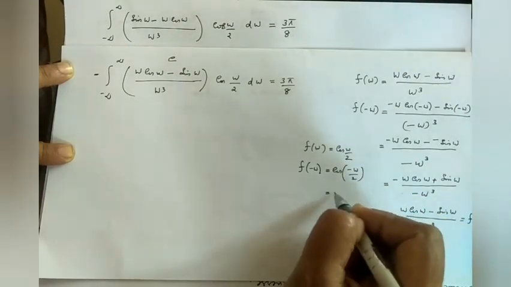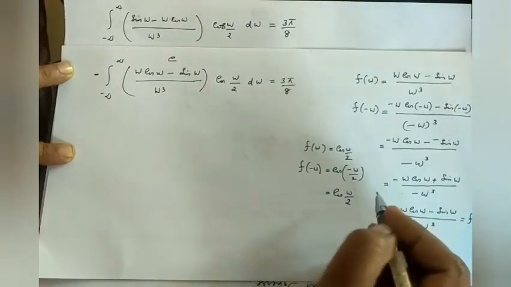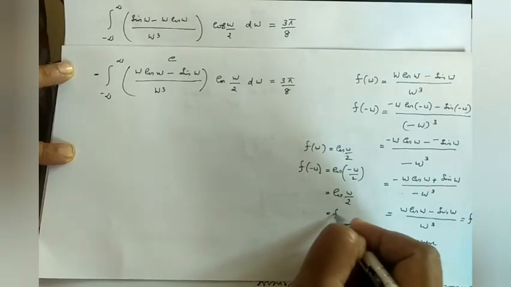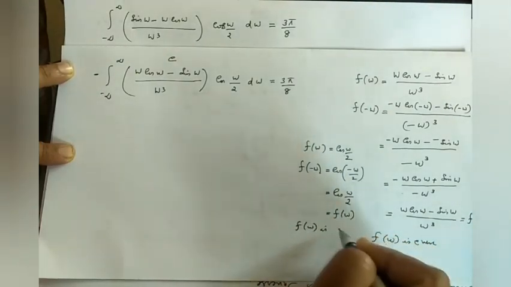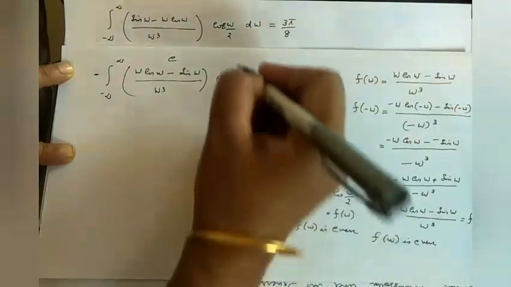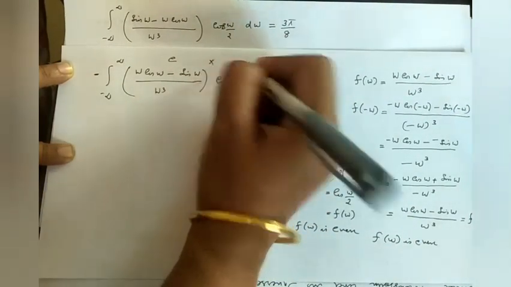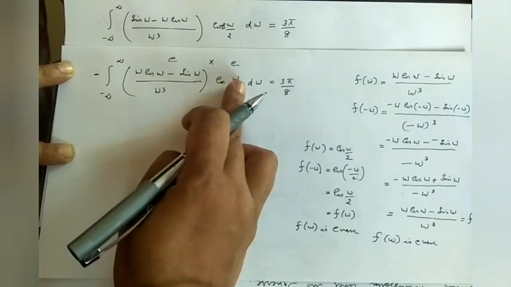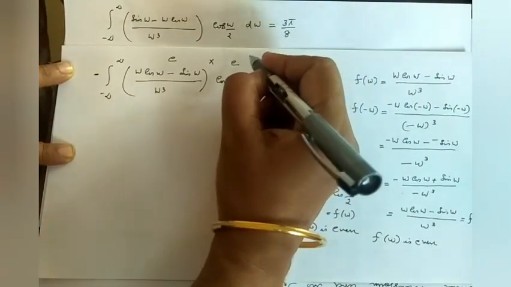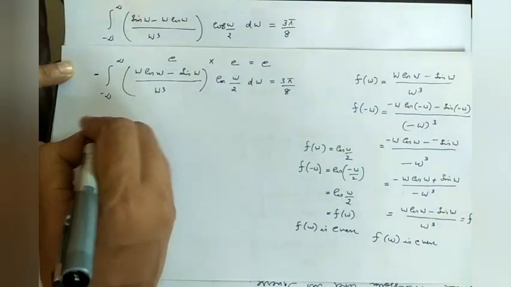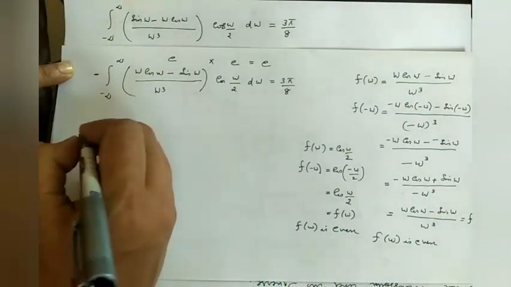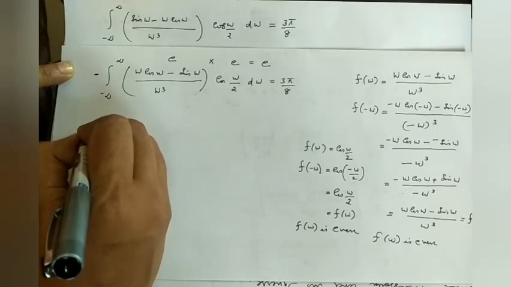Cos of minus theta is cos theta, that is cos omega by 2. It is equal to f omega. Therefore, here also the function is even. The product of two even functions is again an even function. Therefore, here the limit from minus infinity to infinity can be written as 2 into 0 to infinity.